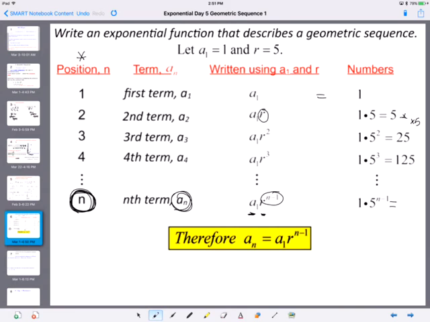So a sub n is equal to a sub 1, your first value, times the common ratio raised to whatever you're looking for minus 1.